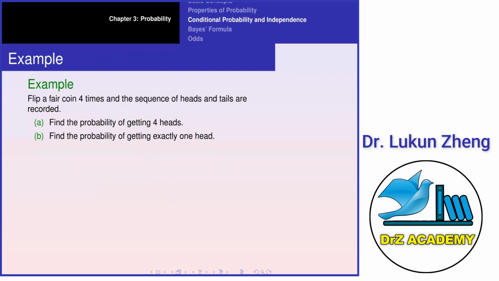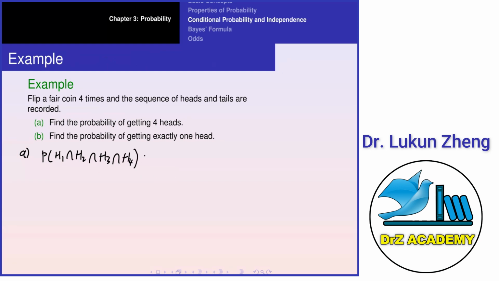Consider this example. Flip a fair coin 4 times and the sequence of heads and tails is recorded. We want to find the probability of getting 4 heads. Now, the flips are independent from trial to trial, yes? So getting 4 heads is the probability of H1 intersect H2, intersect H3, intersect H4.